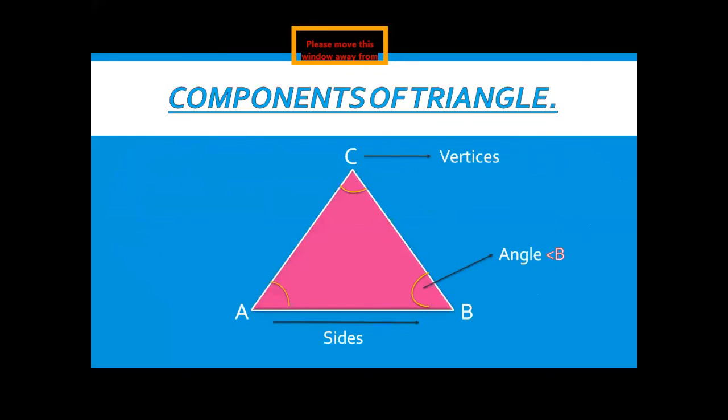The next one is very important, you have to draw in your fair copy components of triangle. How many components are there? Three components: sides, angle, and vertices. So you have to draw it on an interleave page and label all the components of triangle.